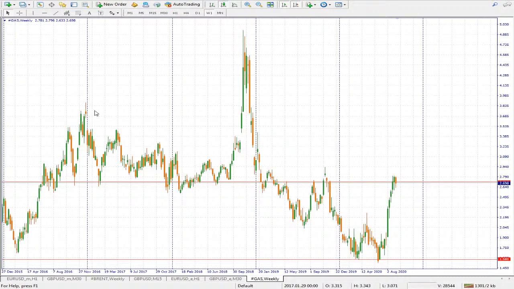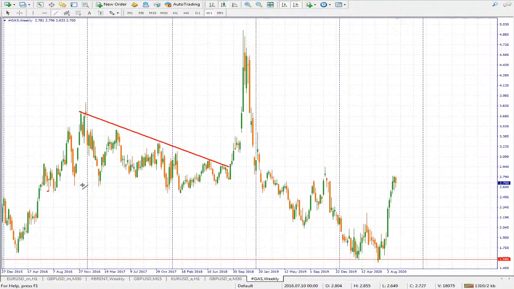So if you look at this keenly, you can see that this is a shape, a converging wedge formation. We have a wedge here. This is a very good wedge formation, and then on the lower side we have this.